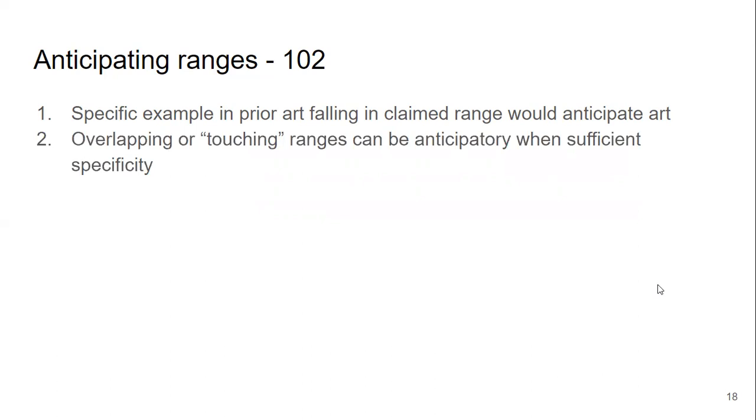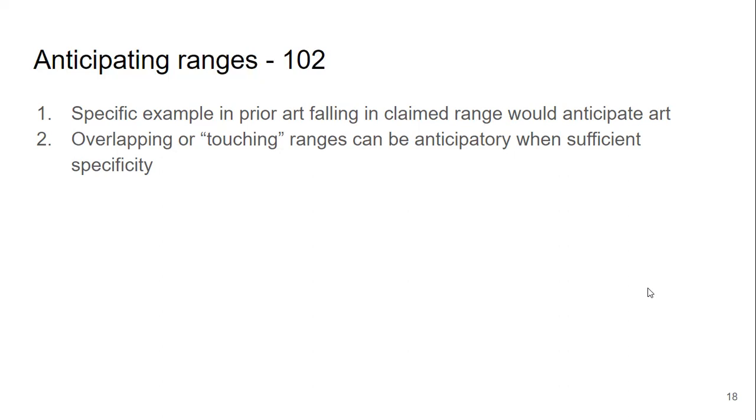Overlapping or touching ranges can be a little bit harder to make the argument for anticipation because they can be anticipatory when they're sufficiently specific. So if one of them is defined as 1 to 1,000, and then the claim parameter within the invention is 1,000 to 1,010, then that argument for overlapping or touching might be a little bit more difficult because one of them is a huge range and the other one is a small range.